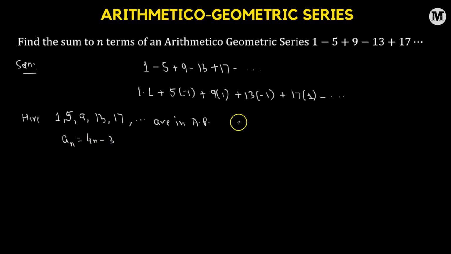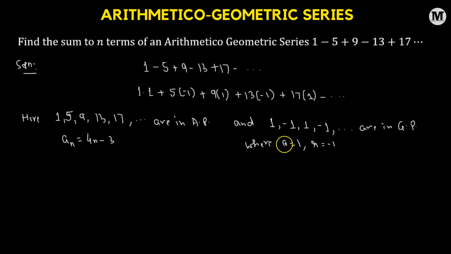Now, if we consider the other terms, 1 from the first term, -1 from the second term, +1 from the third term, -1 from the fourth term, and so on, this is going to be a geometric progression, because it has a fixed common ratio of -1. So here, the first term a is 1, and the common ratio equals -1.